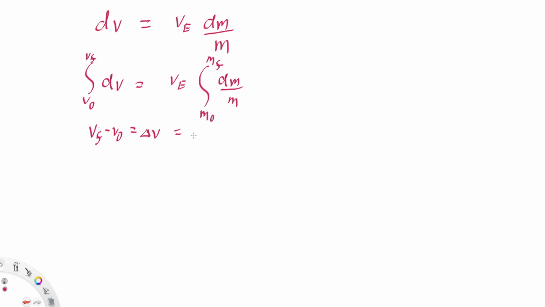So you get v_e times log of m_f minus log of m initial, and we remember our rules of logarithms, right? So the difference of two logs is the log of the product.